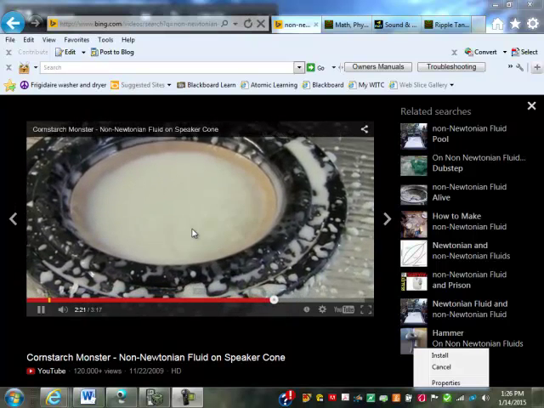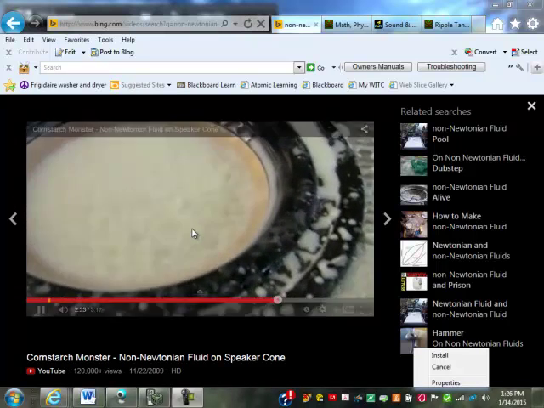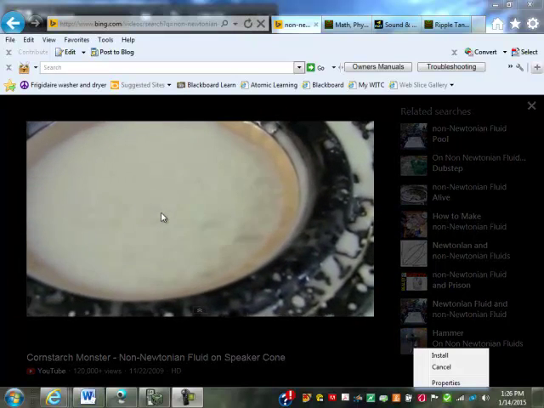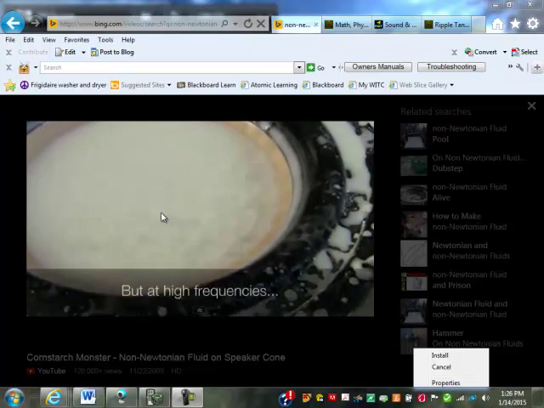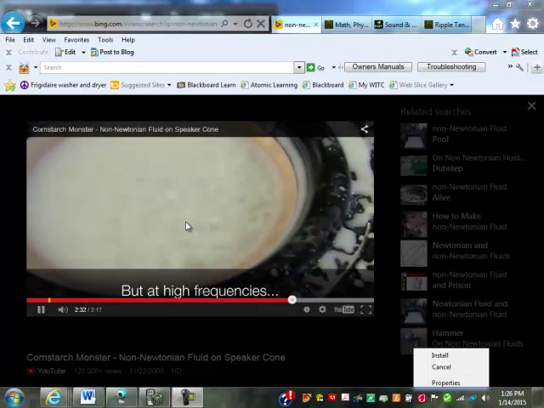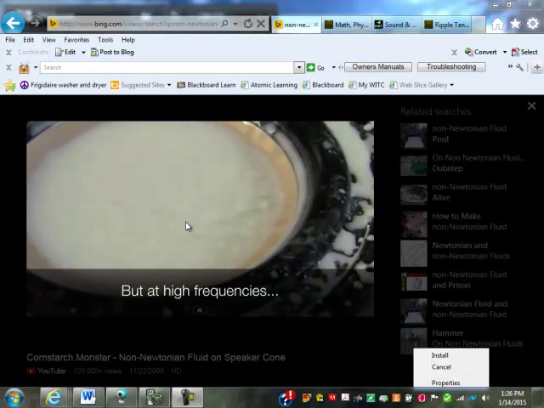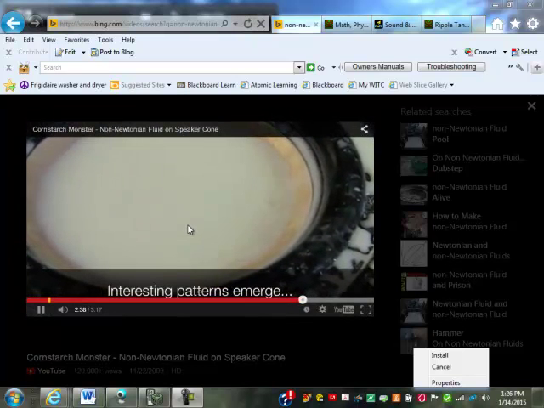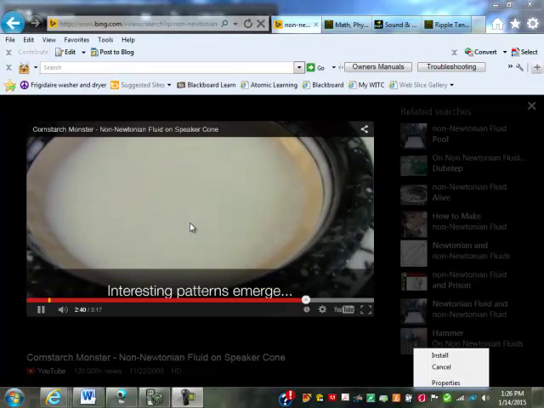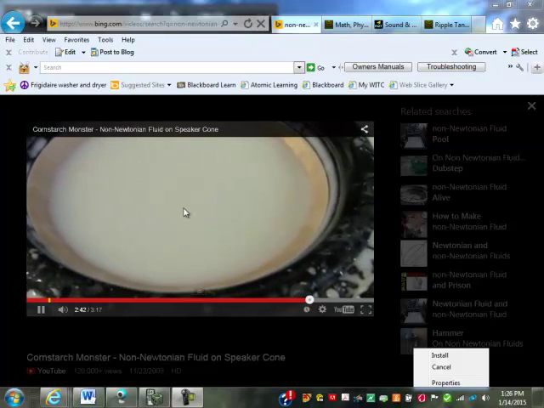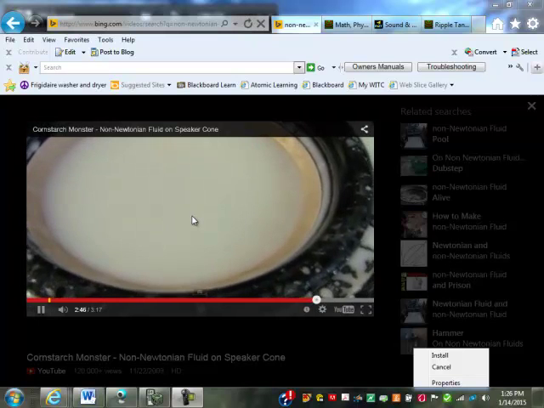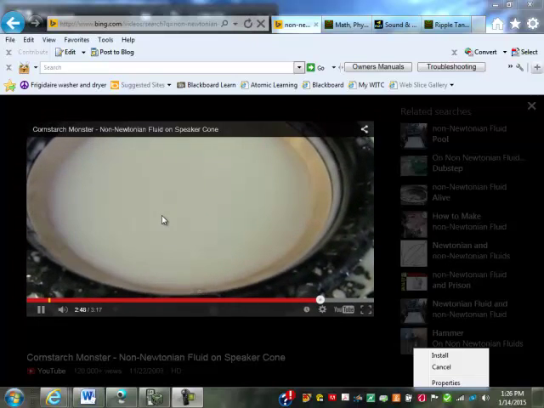That's on too high of a frequency, so it just stays liquid. Oh, now you're getting an interference pattern in it if you get a high enough frequency. You actually get like rings and stuff to form in it.